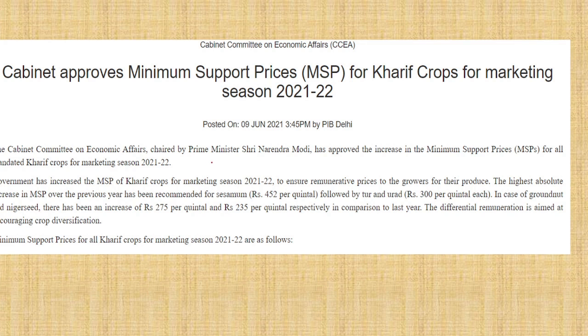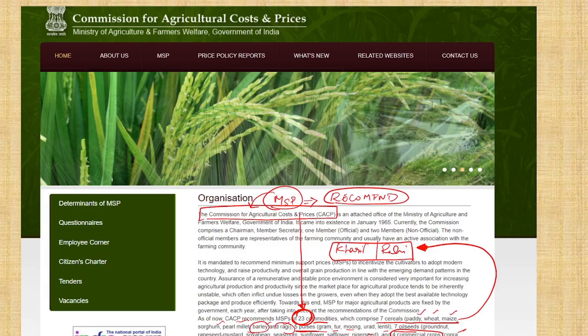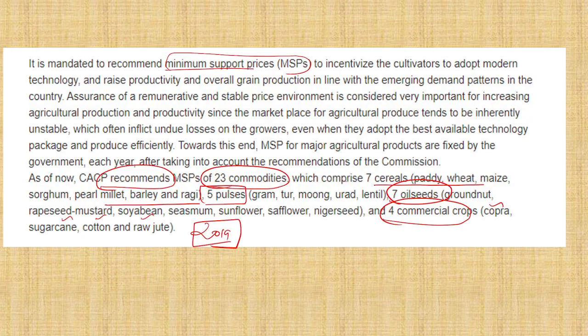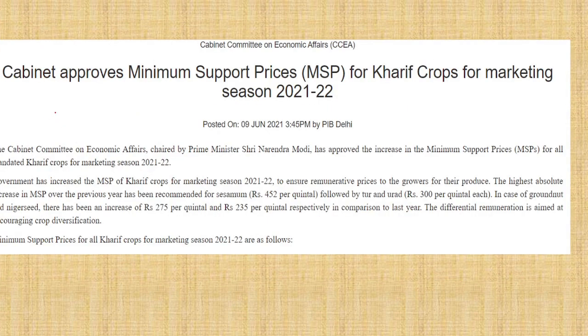And see, again, the next important question: who decides MSP? You should know the Commission for Agricultural Costs and Prices recommends. It is mandated to recommend. This word, they recommend, then they will do. Who decides? See, the cabinet committee. This is a prelims question.